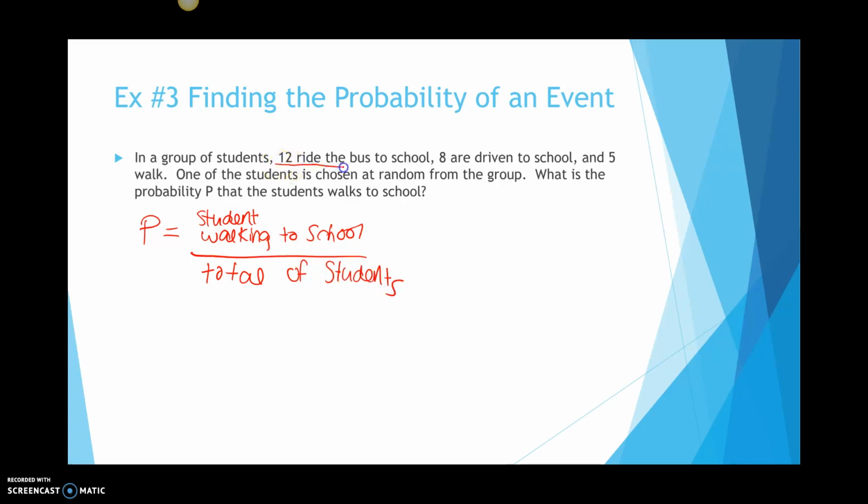We're saying 12 ride the bus, 8 are driven, and 5 walk. When we add that all up, 12 plus 8 plus 5, that's going to give me a total of 25. So I'm going to solve this, 5 over 25. The decimal form of that is, again, going to be 0.20, which is 20%. And that'll be my answer.